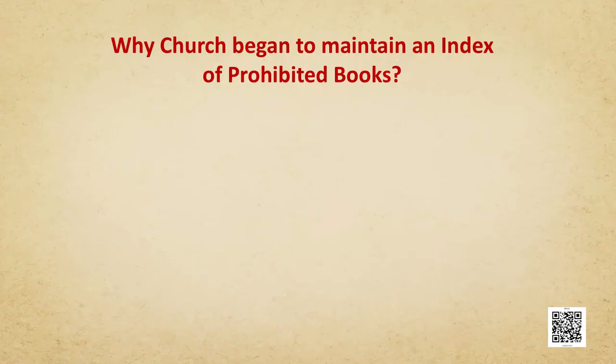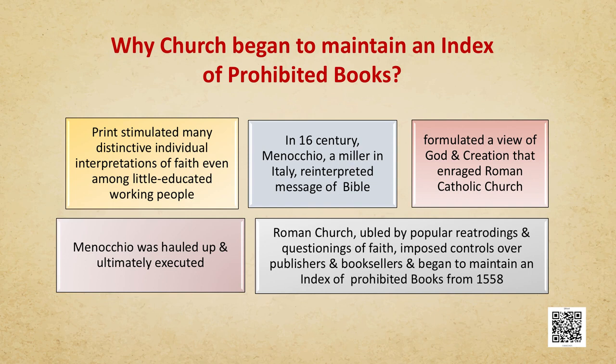Now, let us talk about church. As I discussed, church was very fearful of print. So, it started maintaining an index of prohibited books. Question is why? Because print stimulated many distinctive individual interpretations of faith even among little educated working people.